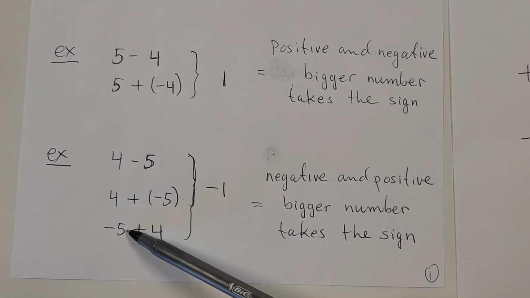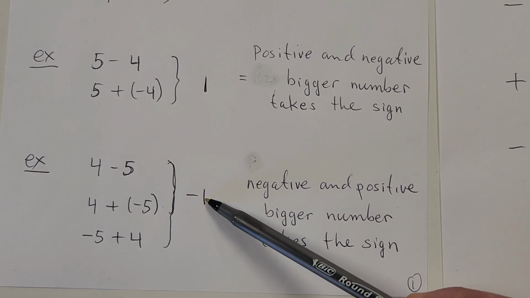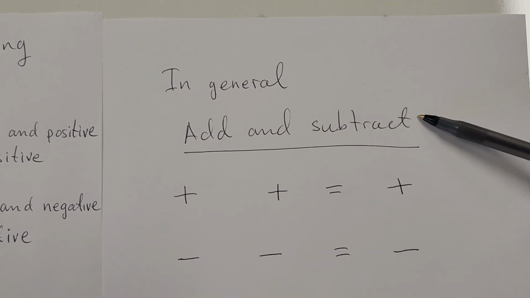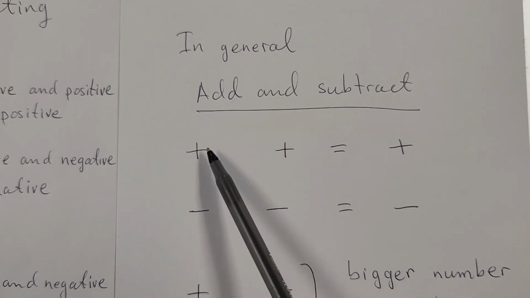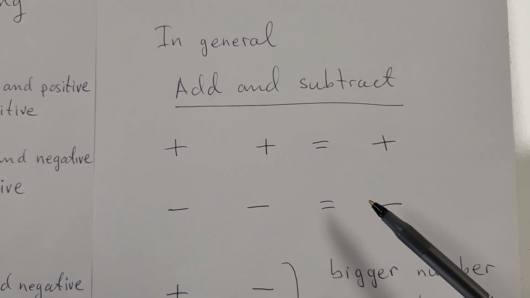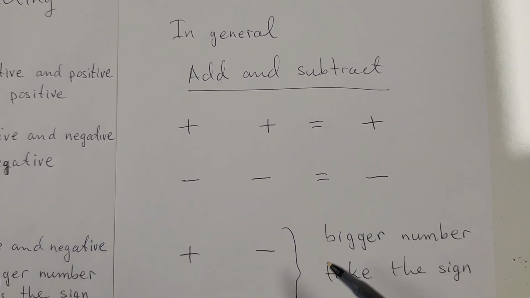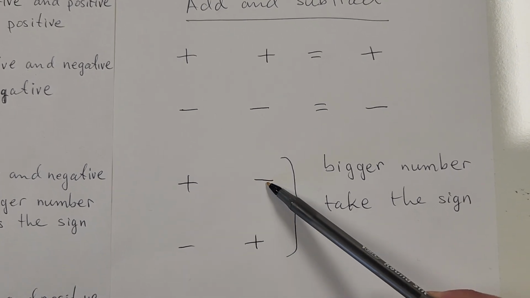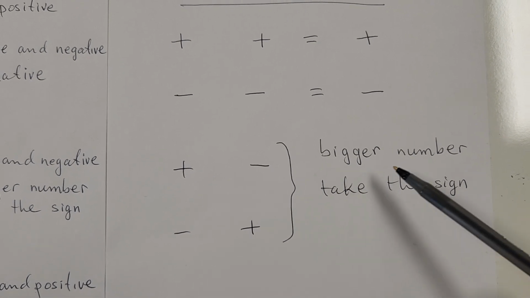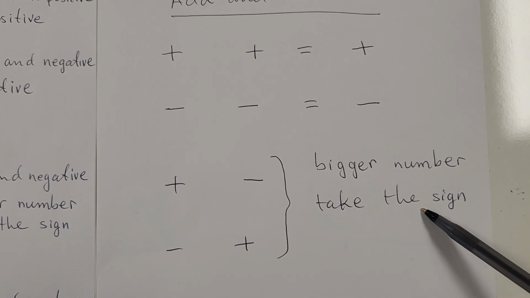Since 5 is bigger, it stays negative. So in general, when you add and subtract, positive positive stays positive, negative negative stays negative. And then when I have plus minus, or minus positive, the bigger number takes the sign.